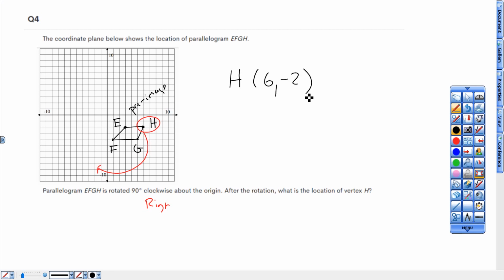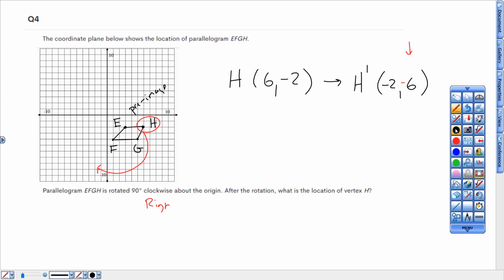If I do a quarter turn to the right, the new H prime is going to have those points flip, and then that right one, after I flipped it, becomes the opposite of what it once was. So that becomes -2, -6.